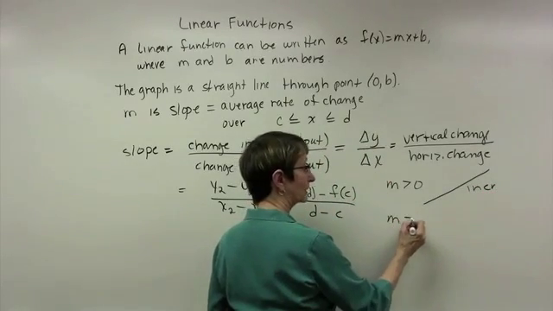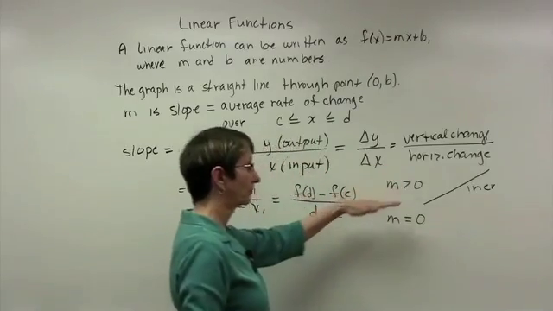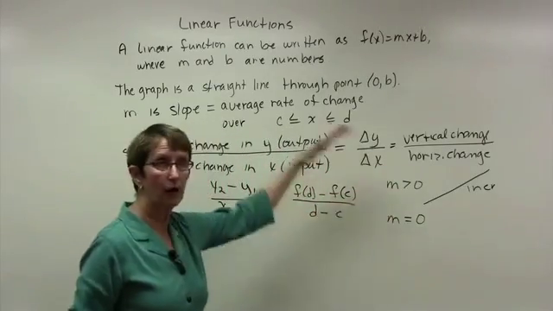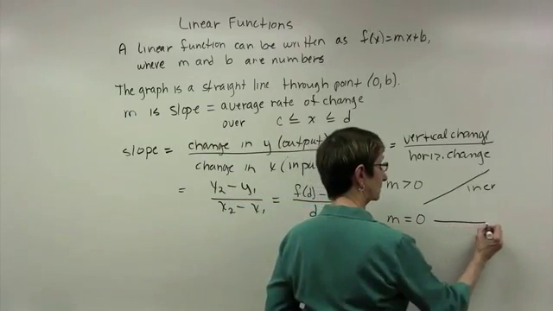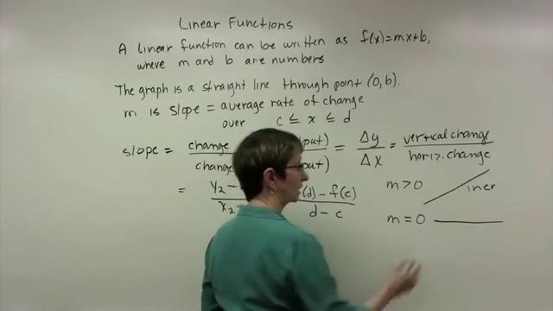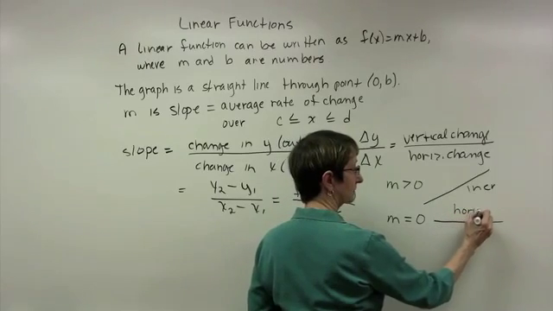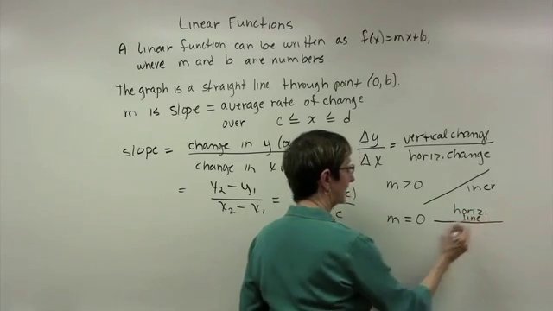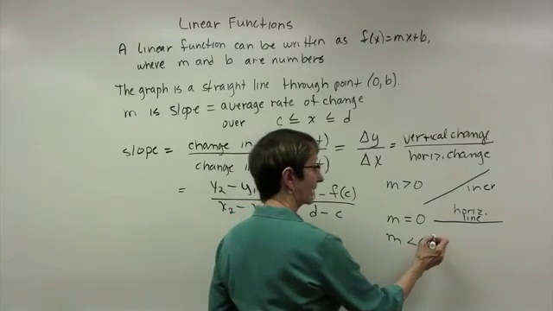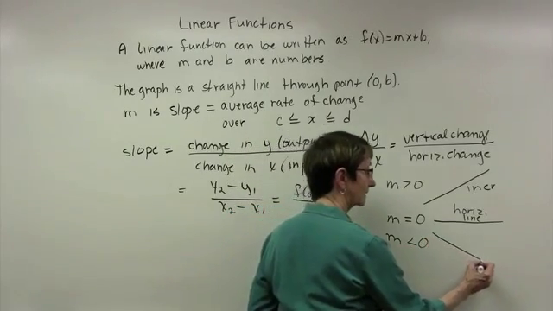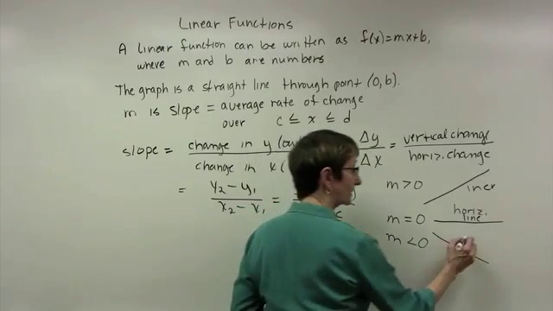If m is equal to 0, it doesn't go up and it doesn't go down. It's horizontal. Horizontal line. If the slope is negative, m is less than 0, again reading from left to right, it goes down, so it decreases.